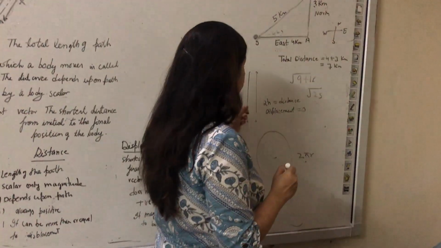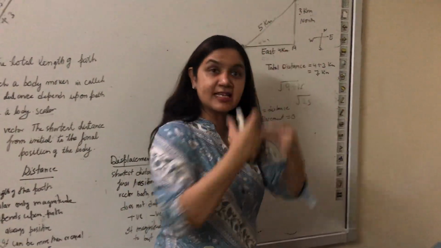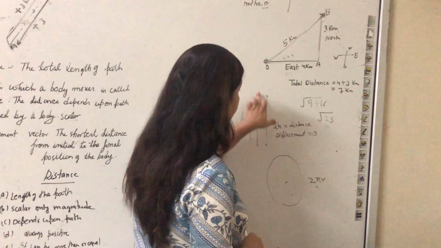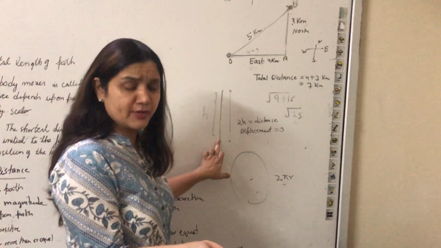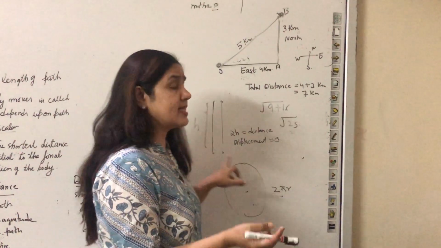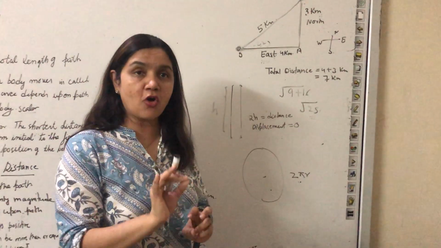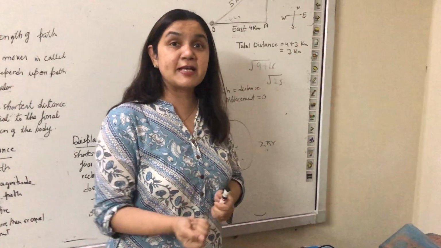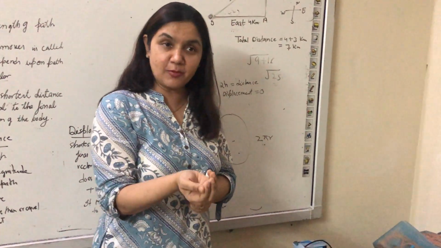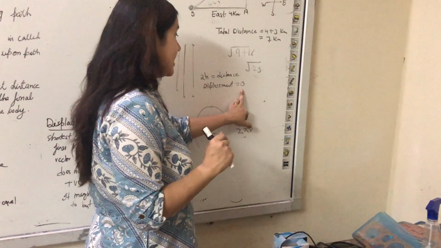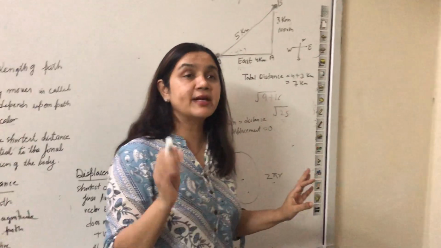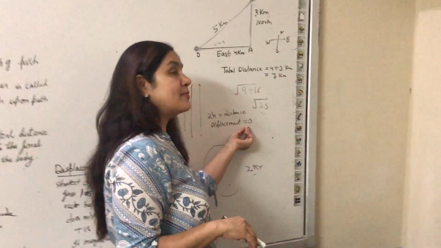So the distance is h plus h, that is 2h. The total distance covered by the chalk is 2h. But because it has come back to its original position, the displacement is 0. That means the distance can never be 0, but in some cases displacement may be 0.